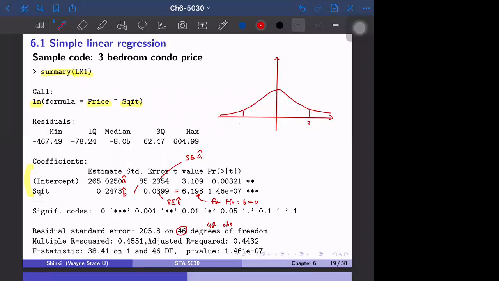So you can see that the positive 6.198 is a very large value. The p-value for this test is 1.46 times 10 to the power negative 7, so it's highly significant. Certainly the square footage affects the price of the condominium.